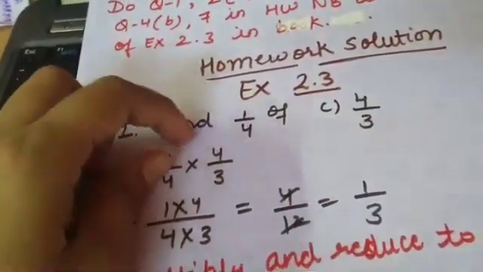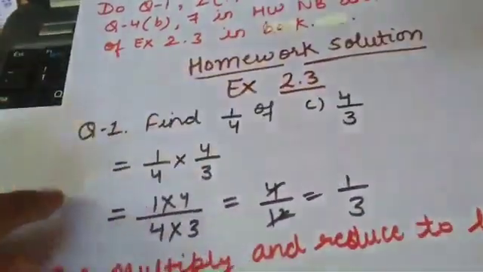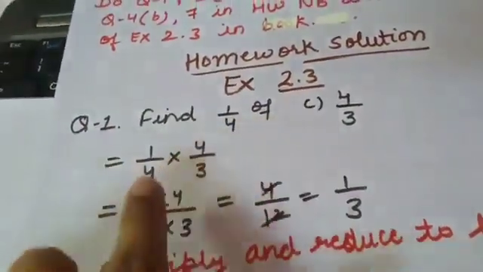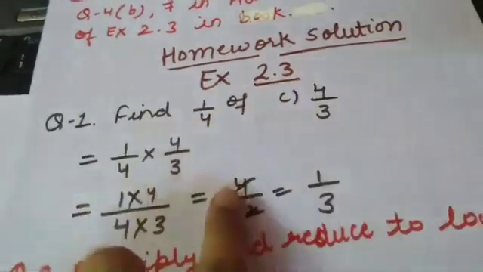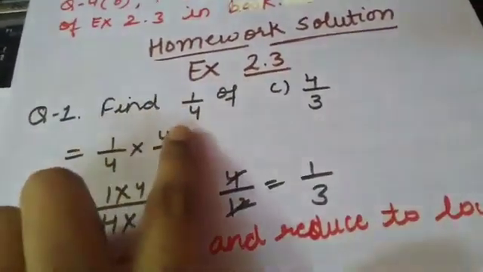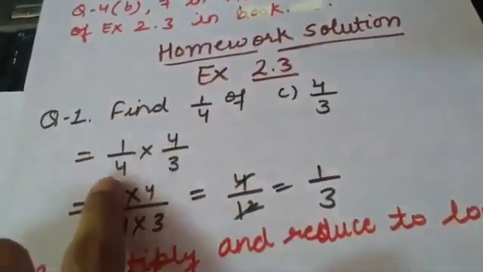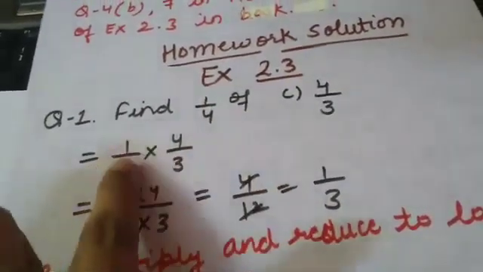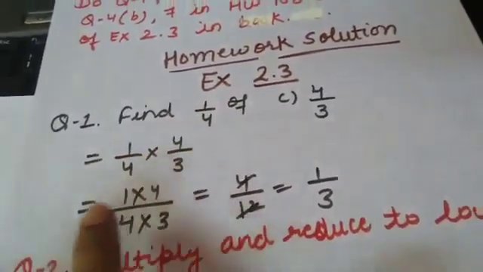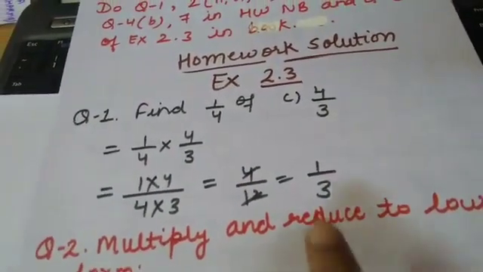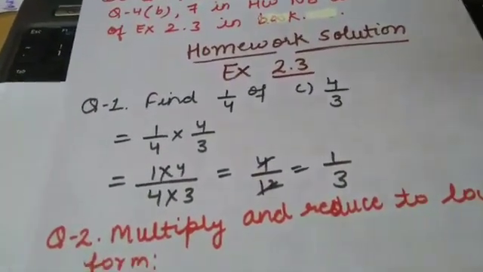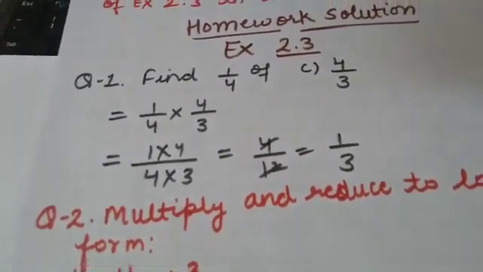So 'of' means you have to convert this into multiplication: 1 by 4 into 4 by 3. Now multiply the numerators with numerators and denominators with denominators. What you will get? 1 into 4, 4 into 3, that is 4 by 12. Now convert to simplest form, that is 1 by 3. This is question number 1, C part.